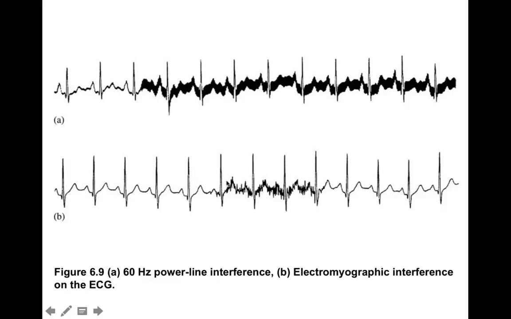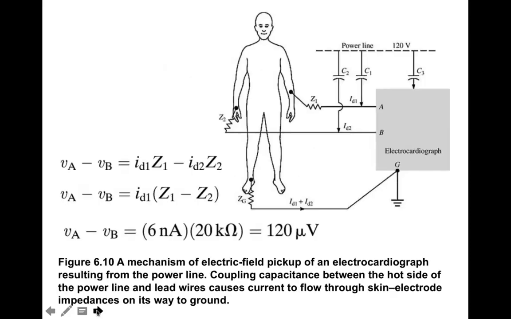EMG, one of the best things you can do is obviously advise the patient to be as still as possible, even at times perhaps holding their breath for a brief period of time. And also check your leads and be sure that the leads are tight, that they're not slipping around, because that gives a signature sort of like an EMG, keeping the patient relaxed, things like that.